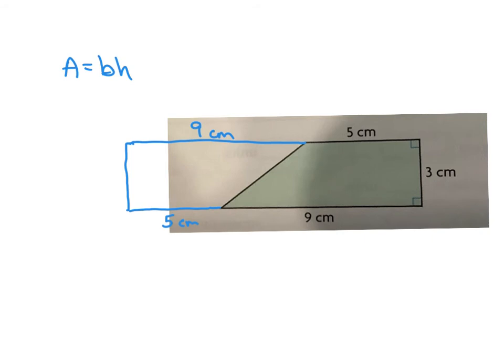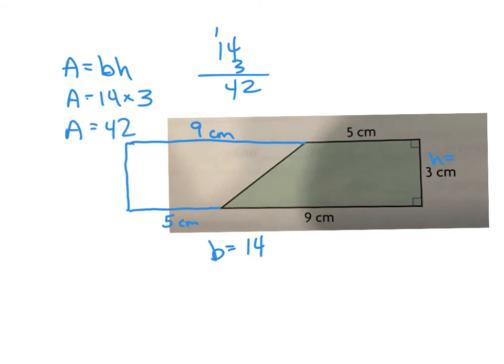My base of this whole rectangle is the 9 plus the 5 from the upside down part, for a total of 14 when I add those together. And my height is 3. So I just fill those in, 14 times 3, to get the area of the whole rectangle. That is 42.